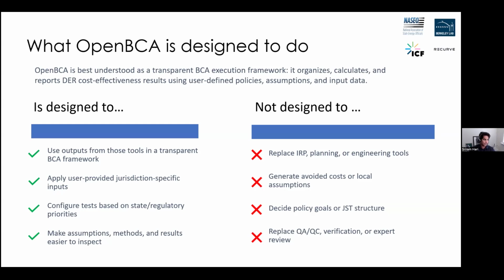And again, this is also based on, like Judy mentioned, a JST that is based on individual state or jurisdictions' regulatory priorities. There needs to be a separate regulatory proceeding on how to develop a JST or a structure, and OpenBCA can take inputs from those proceedings to come up with cost effectiveness results and methodology.